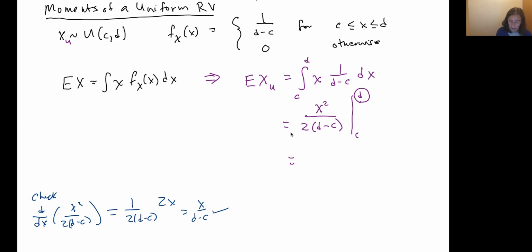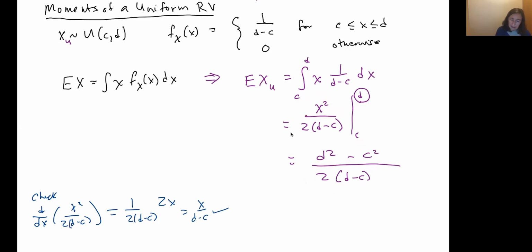Okay, so substituting in my d, I get d squared over 2 times d minus c, minus c squared over 2 times d minus c. So again, let me emphasize, I just substituted in d for the x, and then I subtracted off c substituted for the x, the way we always evaluate definite integrals. Okay, so that's fine. That's an answer.